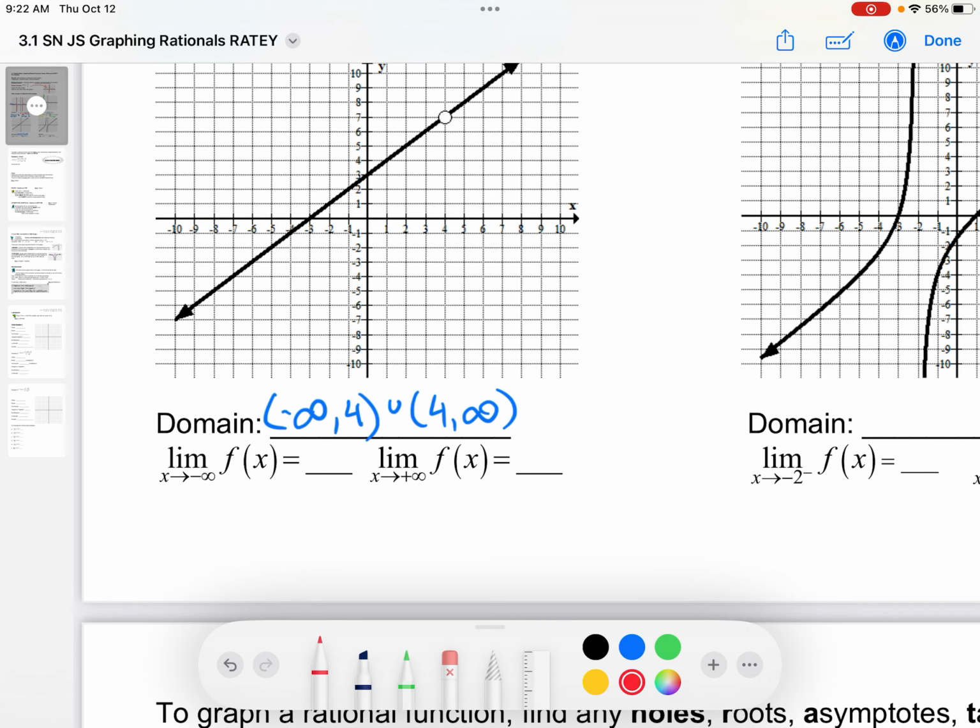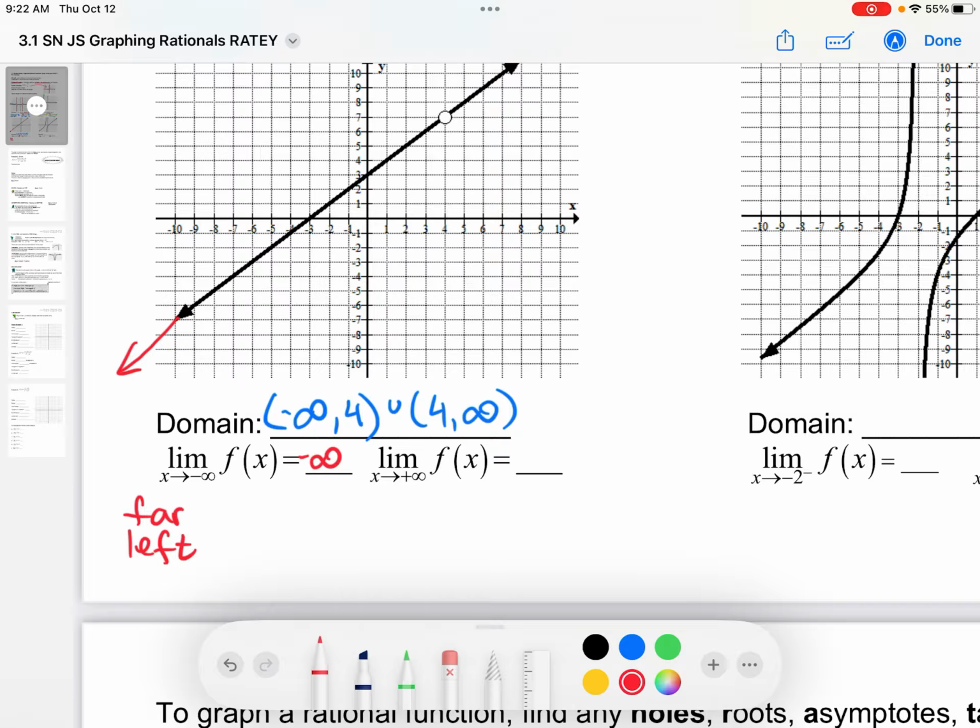And then if we look at the limits, this is asking, the limit of f of x as x approaches negative infinity, which is the far, far left of the graph. So on the far left of the graph, we look at what the graph is doing. It's going downward.